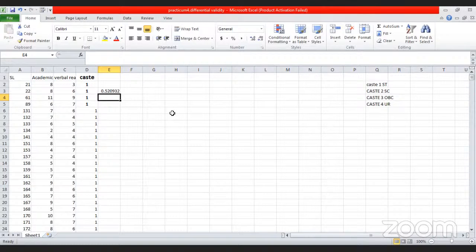Now I have to check the correlation across the sub-caste categories. First one.